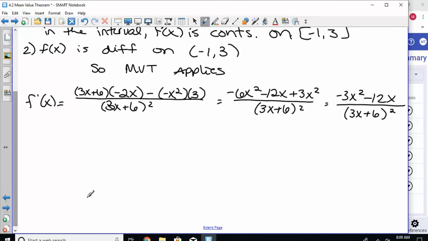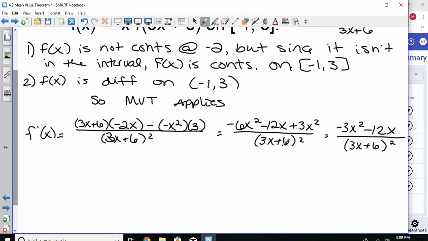For the mean value theorem, what do we have to do? What it says is that somewhere the derivative equals the slope of the endpoints. So my endpoints are -1 and 3.